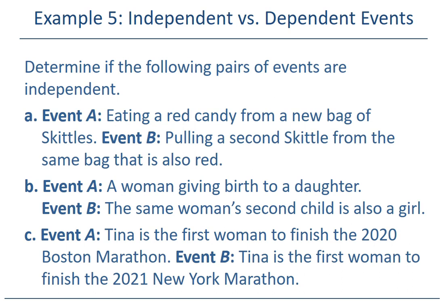Let's look at B and then event A of that. A woman gives birth to a daughter. Event B, the same woman gives birth to a second child that is also a girl. So in B over here, are these events independent or dependent?